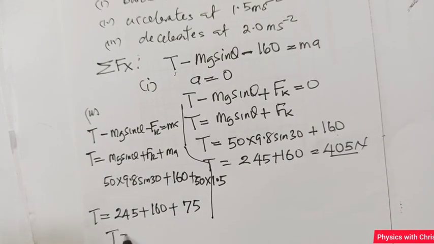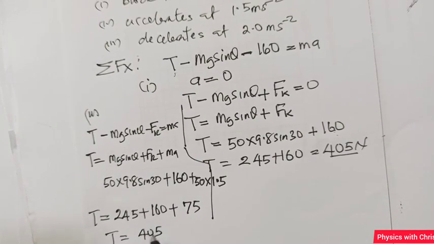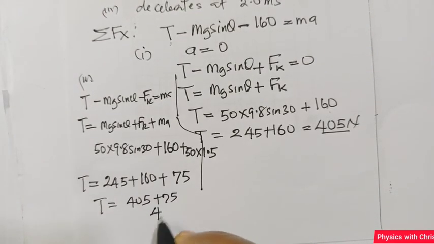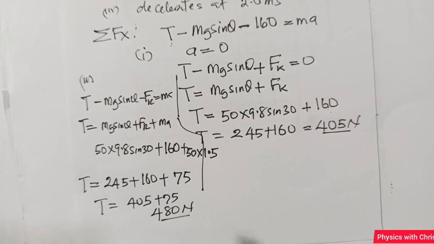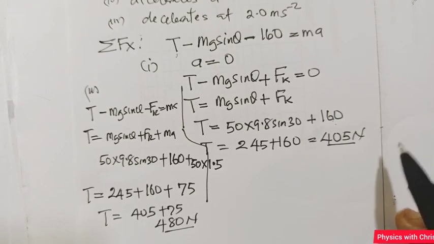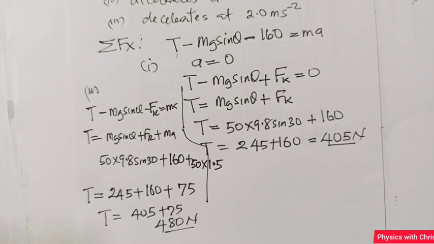So when I add 405, which is the sum of these two, to 75, that gives me 480 Newton. So that gives the tension in the string. You can recall that the tension in the string in this case is greater than the tension in the string when the block was moving with a constant speed.